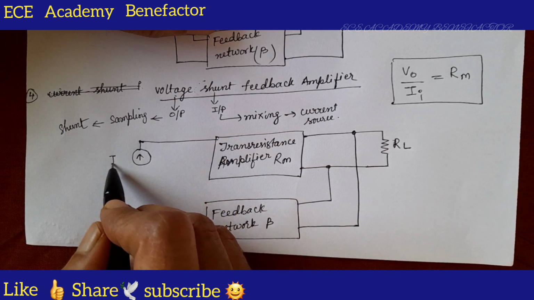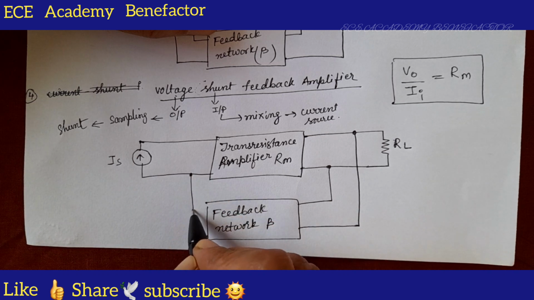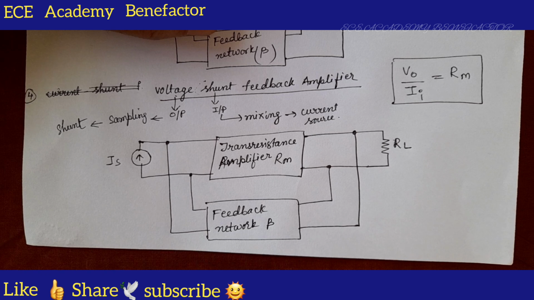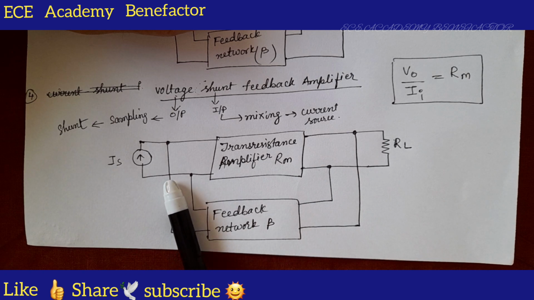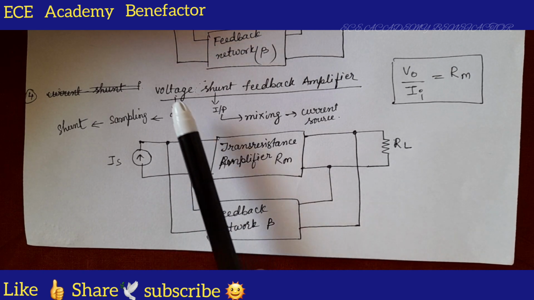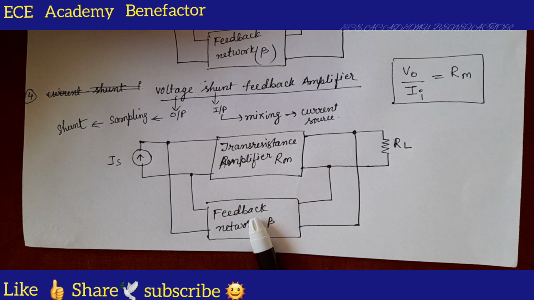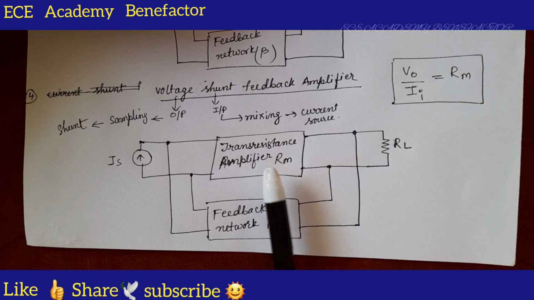A current source Is is placed at the input and we connect it here like this. Okay. So shunt at the output and shunt connection at the input. So we have drawn a voltage shunt feedback amplifier topology using a transresistance amplifier.